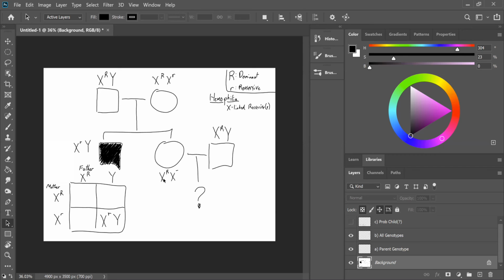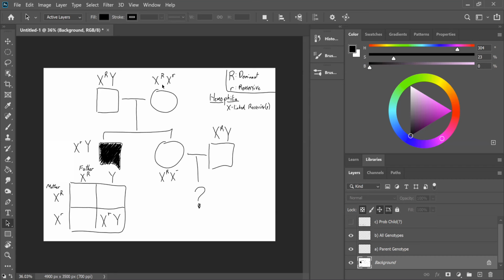Since it's dominant, it means that Moira herself doesn't have hemophilia, but she could still be a carrier. We can't determine that because we don't know which of her mother's X chromosomes she inherited.